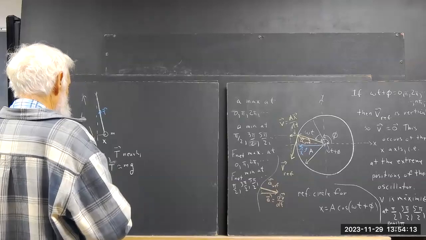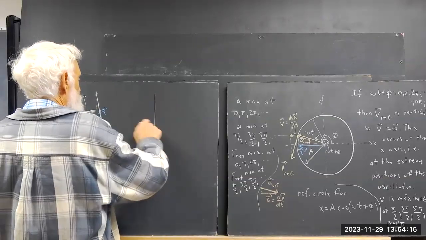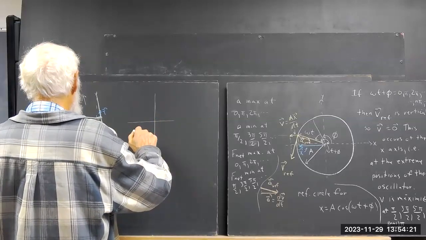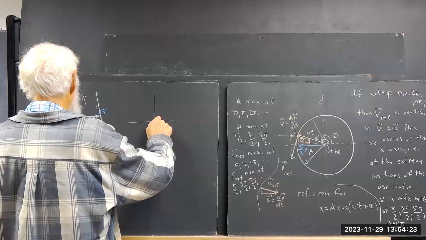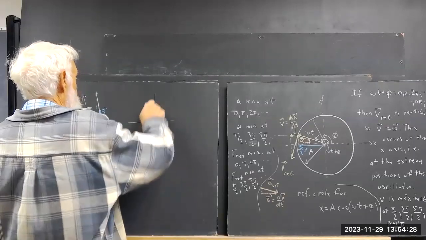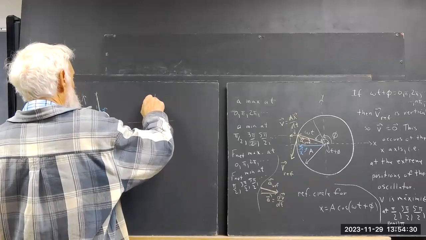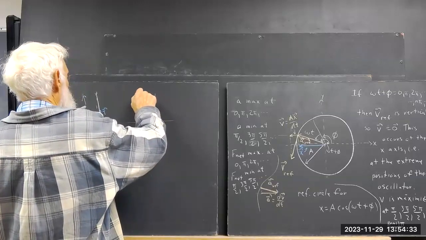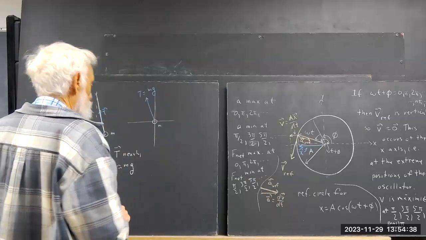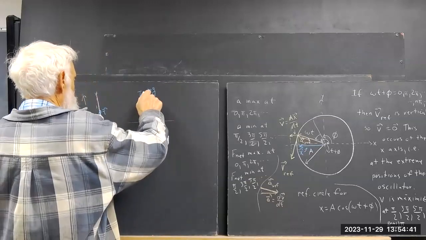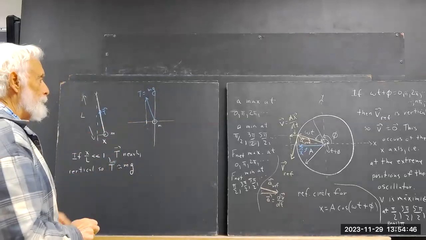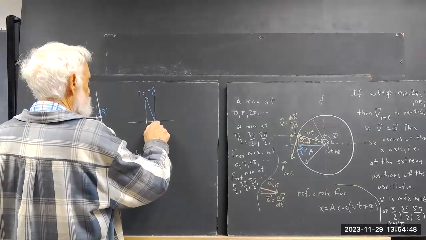Well, if we draw the mass now, with the tension, and mg, and let's say here's our equilibrium position. So this distance is X.